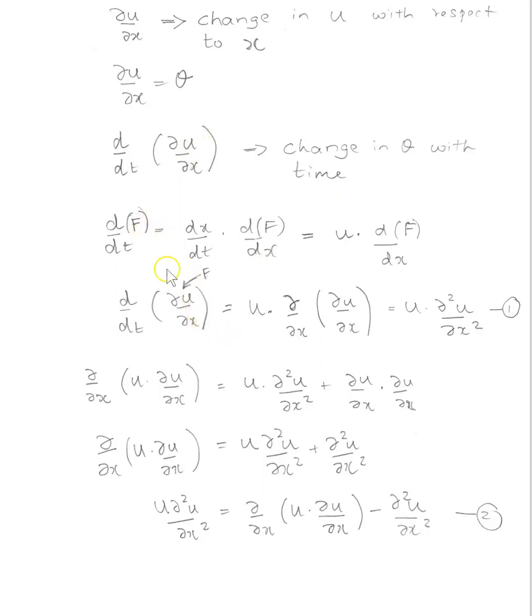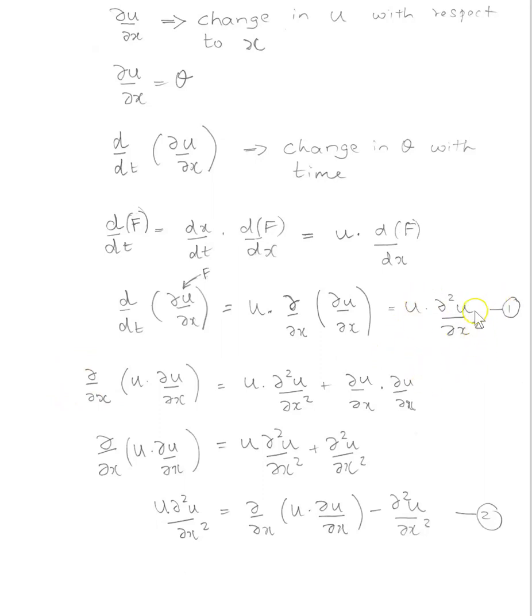So for partial u over partial x, we get u times partial over partial x of f, and f is partial u over partial x. So u times partial squared u over partial x squared. Okay, now let's leave it there.